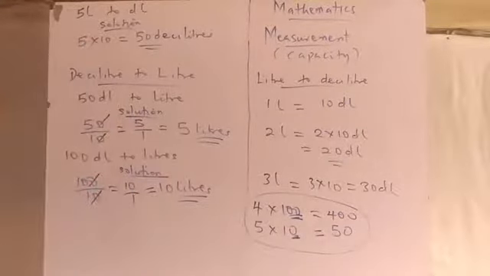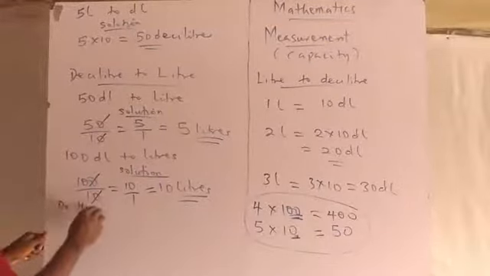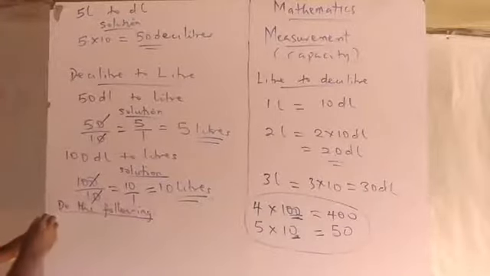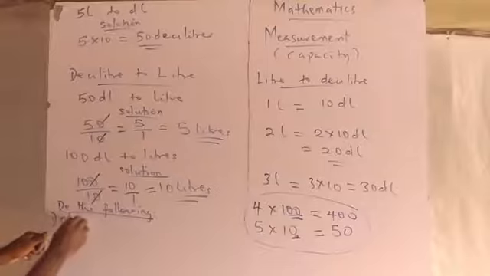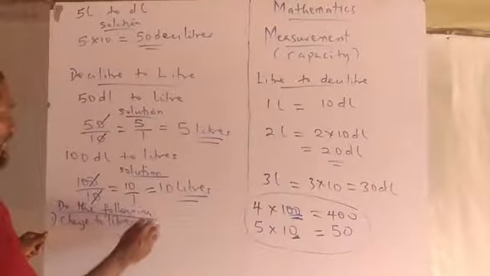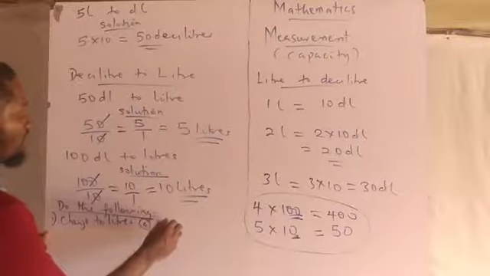Now, carefully do the following. 1. Change to liters. A, 500 deciliter.